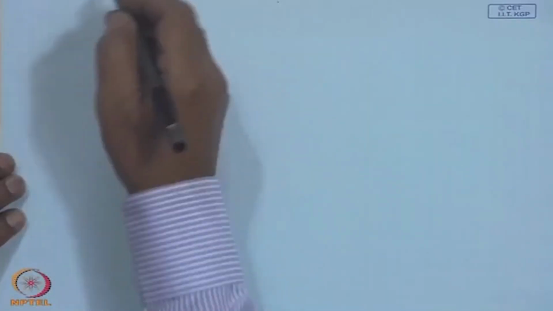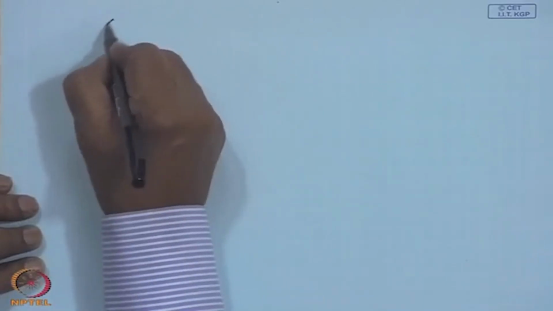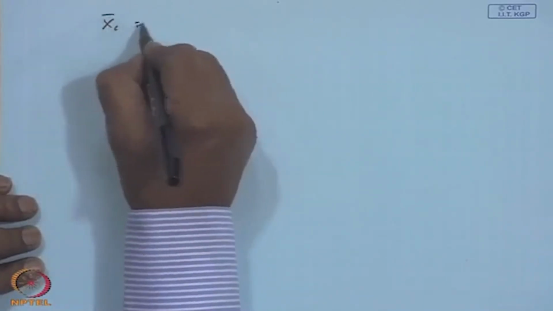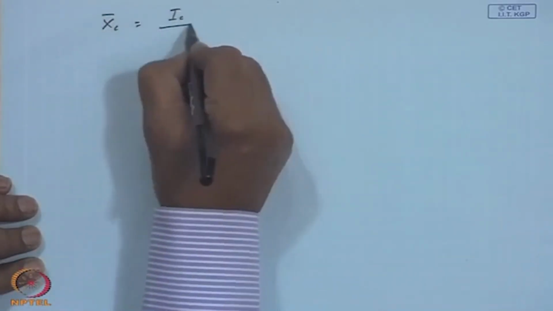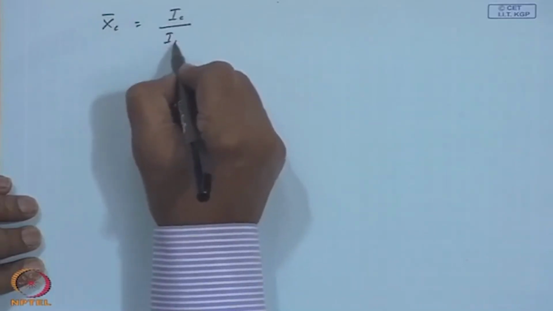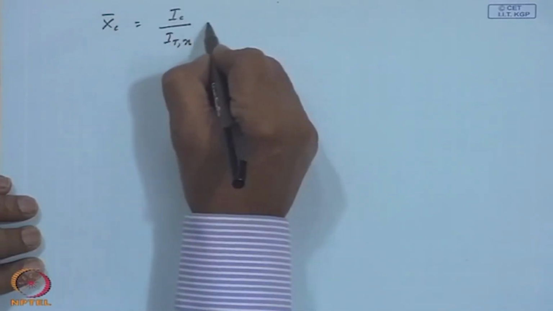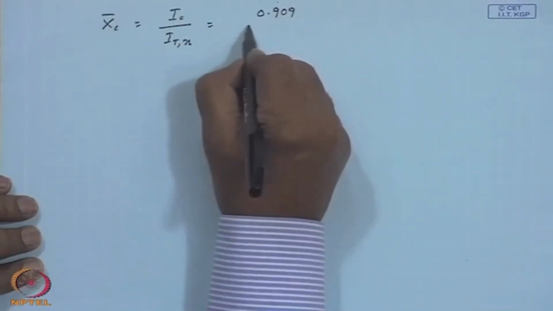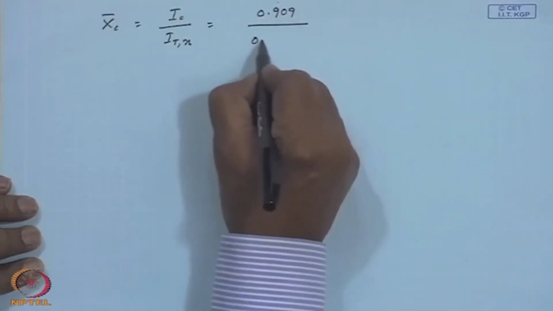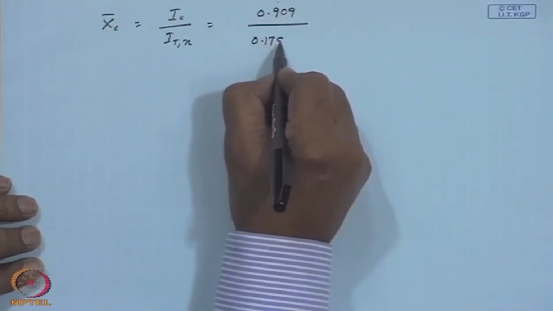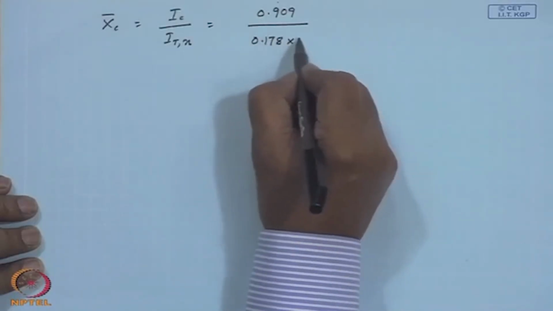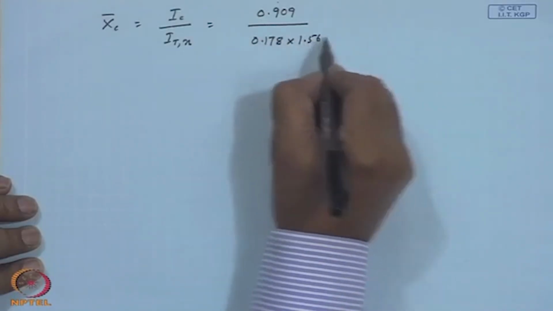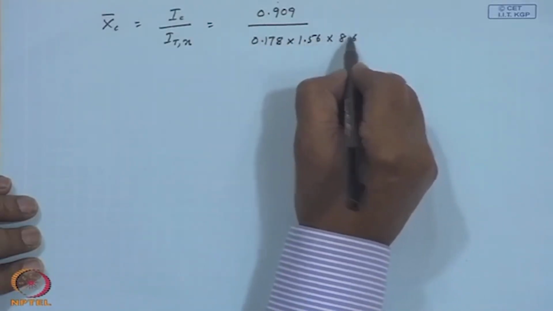Now, the other thing was the non-dimensional critical level, that is x c bar, which is I c by I t noon, equal to, which we have already calculated as 0.909 by r T n 178 times r n into 8.6.